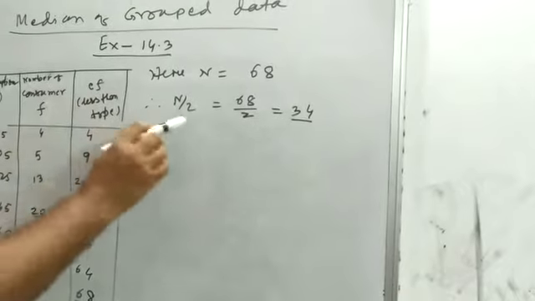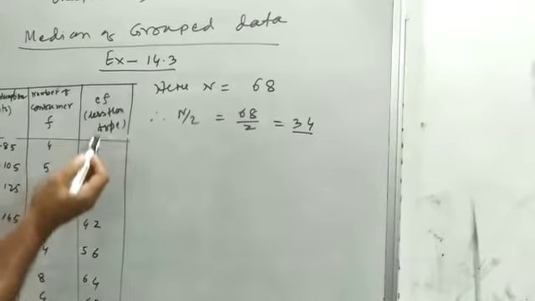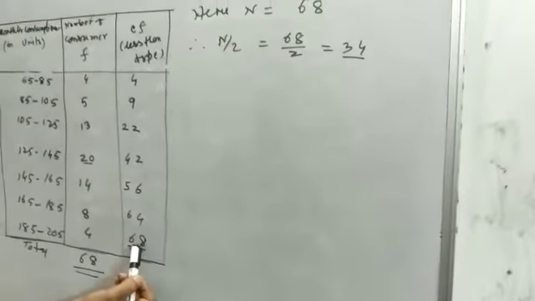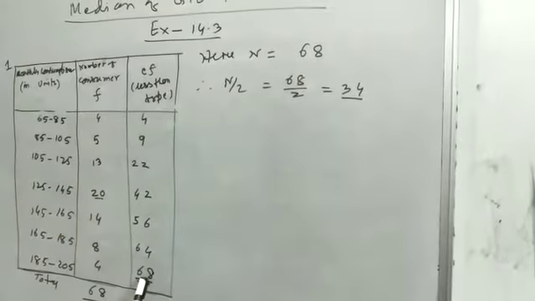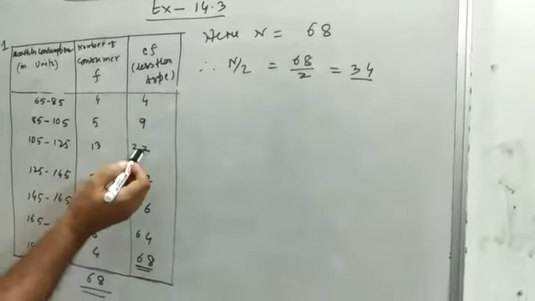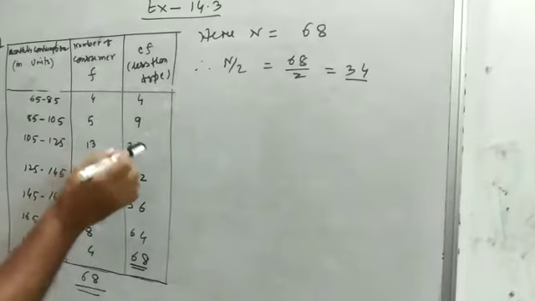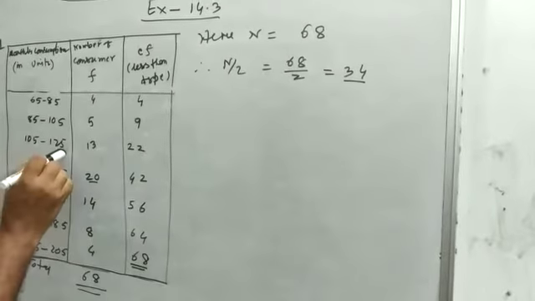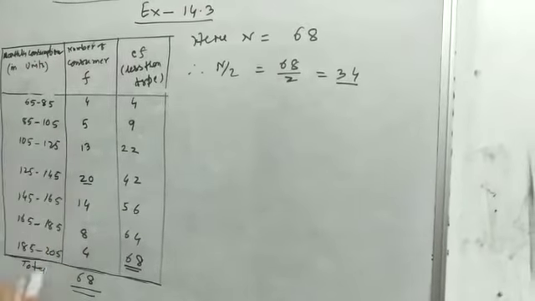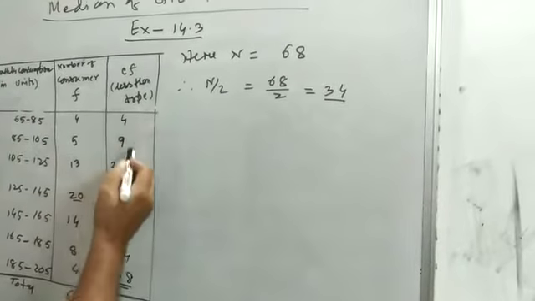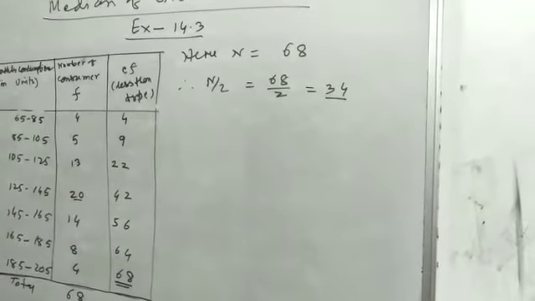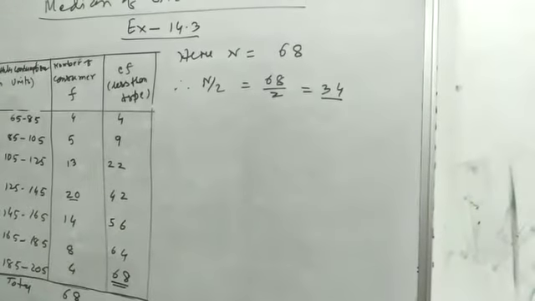Then this n by 2 value, 34, we have to observe in the CF, whether it is present or not. Here you see 34 is not present. If 34 were present, then the class interval of 34 would be the median class directly. But here 34 is not present in the CF part. Then we look at the CF greater than 34.